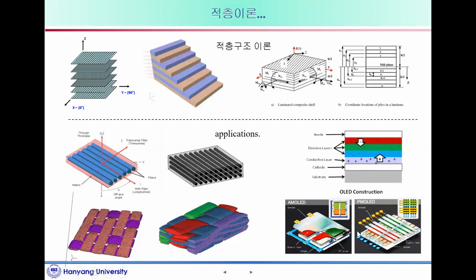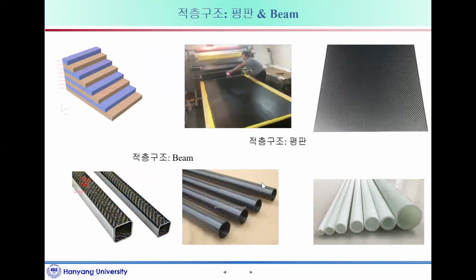These days, you've heard many times about OLED screens and TVs, which also consist of a lot of layers, and that can also be analyzed using this tool. This is just for your reference, and not only UD but also woven, and so on.